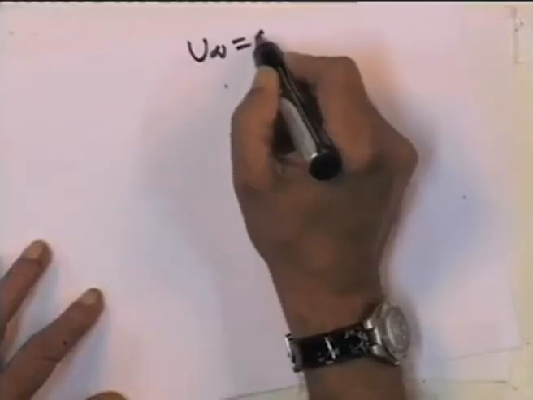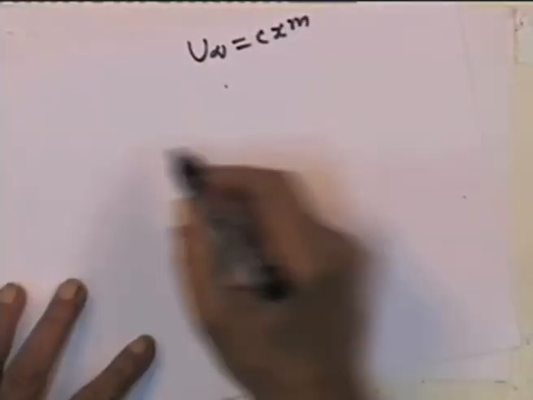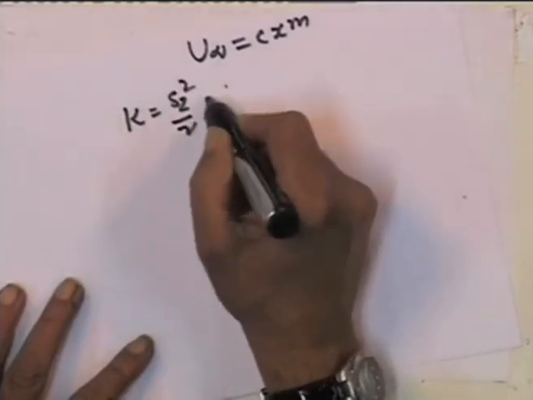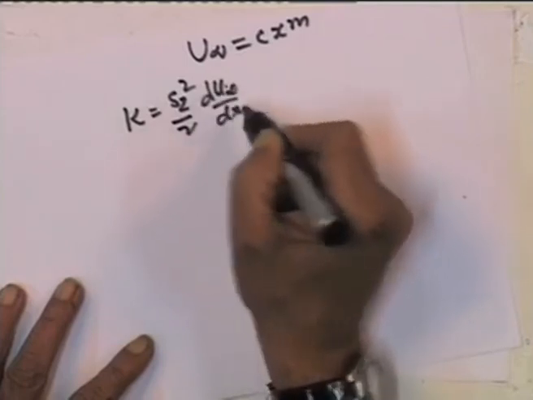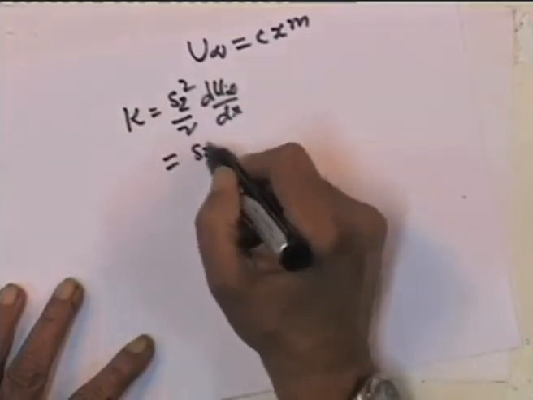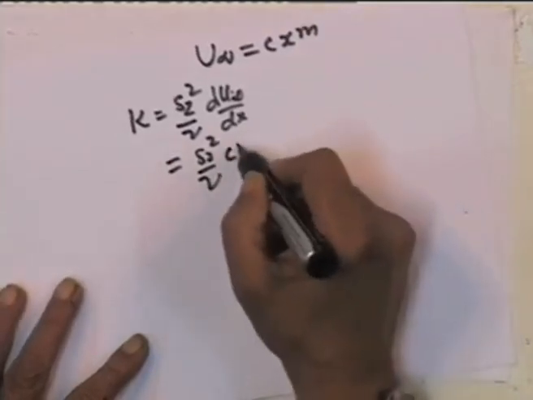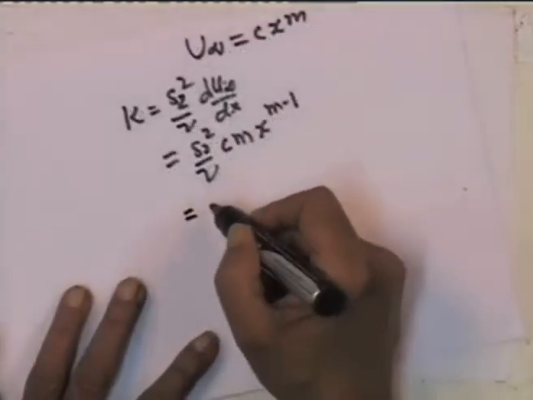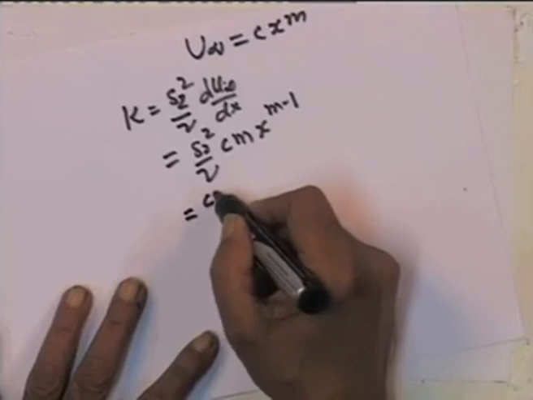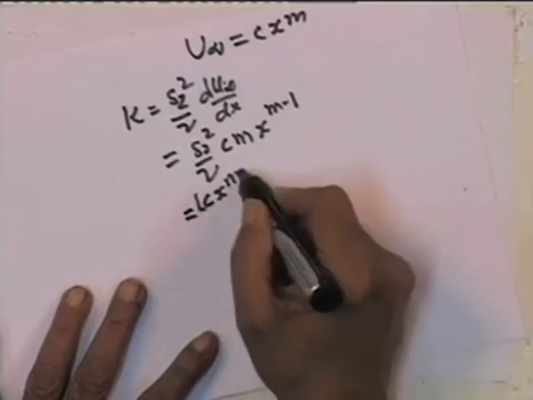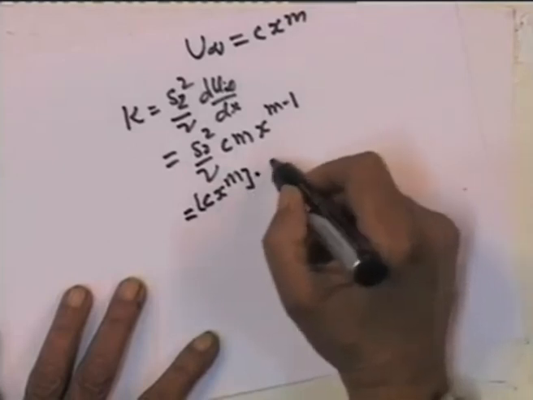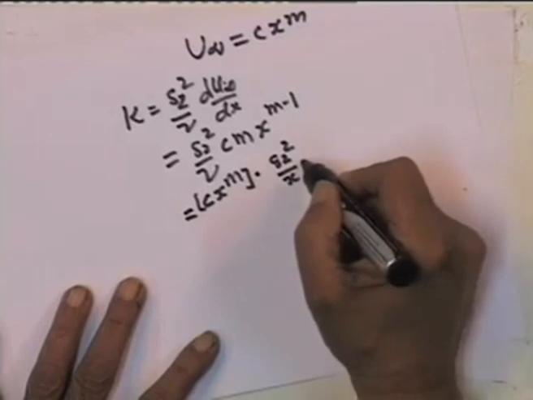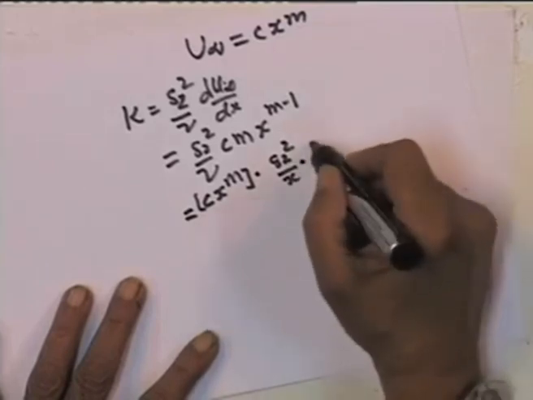If u infinity is equal to c x raised to m and kappa is equal to delta 2 squared by nu du infinity by dx, then you will see that this becomes delta 2 squared by nu c m x raised to m minus 1, or I can write this as c x raised to m into delta 2 squared by x into m.